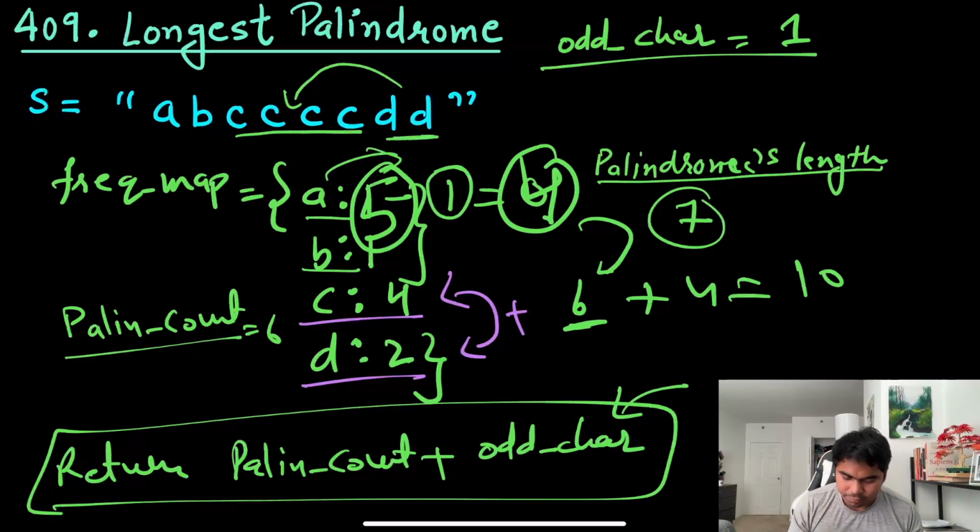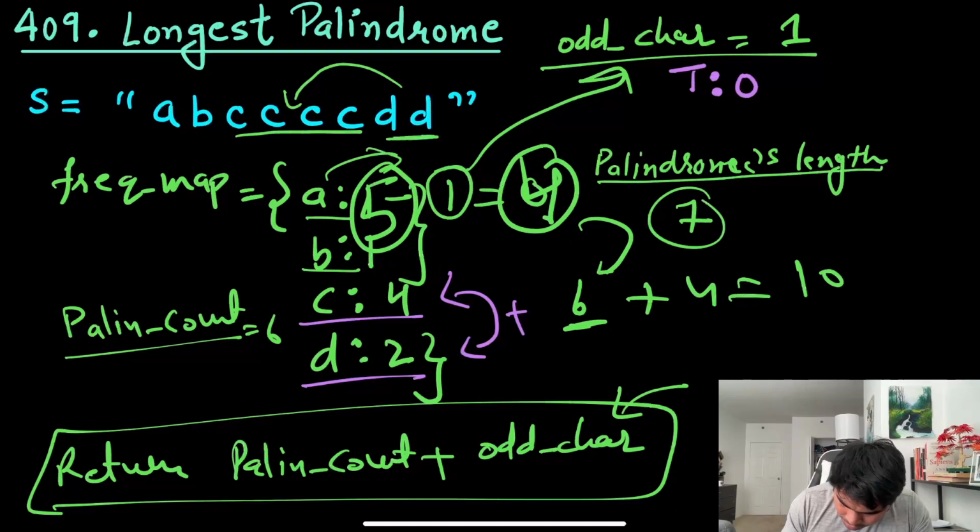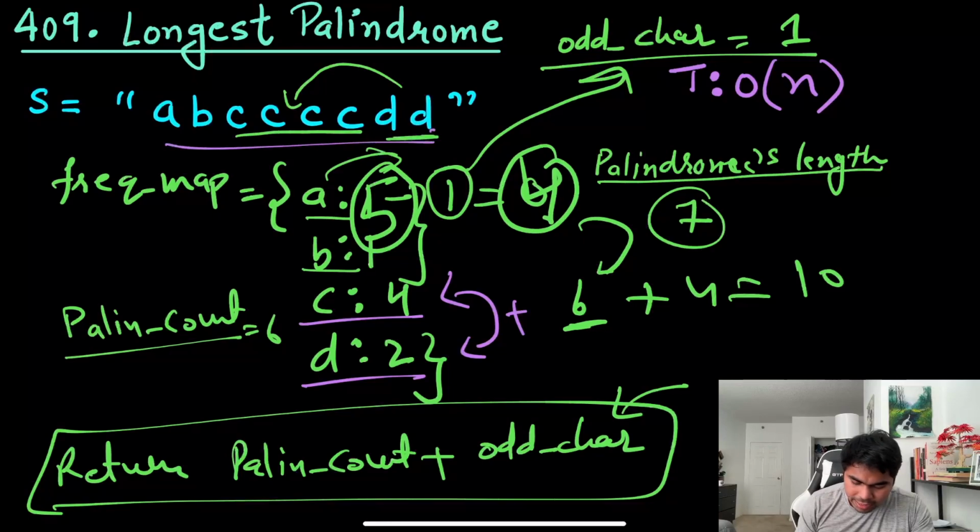But this one that I'm subtracting, I will assign it to my odd character, because I could place that in the middle. And I think only one character can be placed in the middle of the palindrome. So let's jump into the solution, but before that, let me state the time complexity: it's going to be big O of n, since I have to go through all the characters.